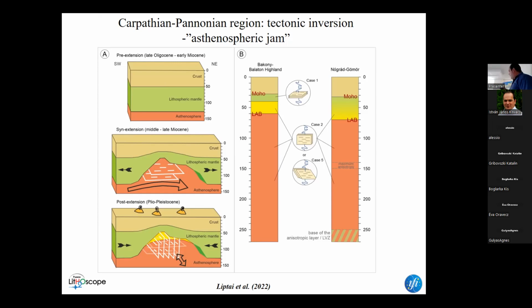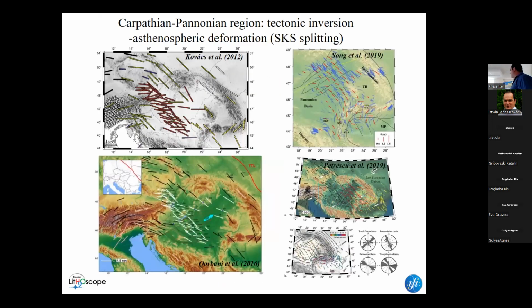And why are these two particular locations in the Pannonian Basin interesting? This part here and also the Vrancea zone, because these two regions are exactly the parts of the orogenic rim where the SKS direction is almost perpendicular to the orogenic rim.